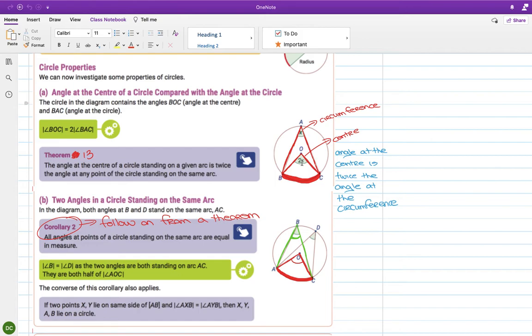So this one here, I'm going to highlight in yellow. That also is standing on the same arc because it has the same starting points. But it doesn't stop at the center. It goes on and continues to the circumference. So the red angle would also be twice the yellow angle. And for that reason, these are the same.